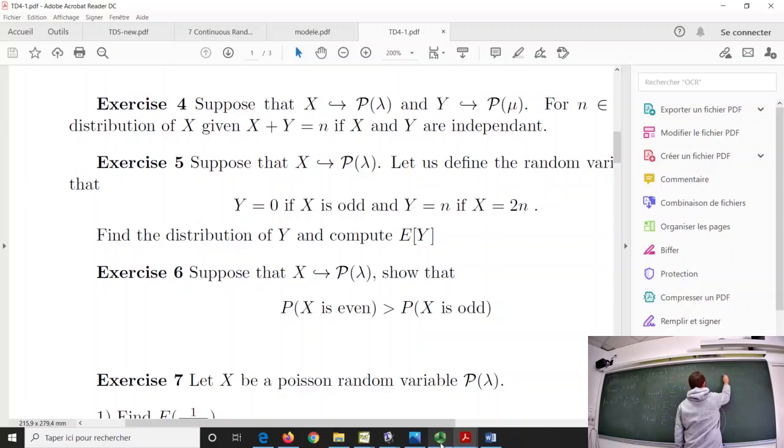So if I try to compare exponential minus lambda, lambda to the 2k over 2k factorial, here typically, if you want to compare, you're right, the one that wanted to divide the sums. So, dividing two sums is not a good idea. But in this situation, you have to compare maybe this number and this number.